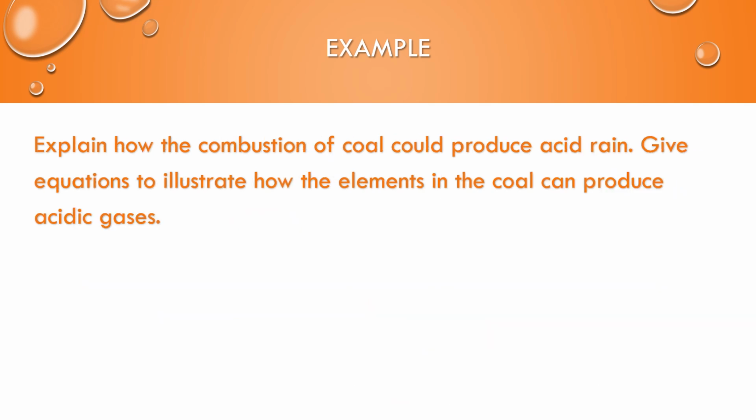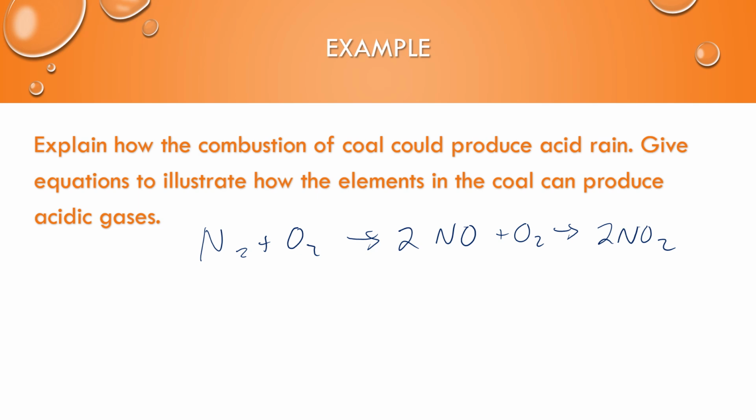So then it says, explain how the combustion of coal could produce acid rain. Give equations to illustrate how the elements in the coal can produce acidic gases. So the carbon itself could make carbonic acid, but that does not contribute very much. What's going to be more of an effect is the nitrogen and sulfur. The nitrogen could react with oxygen, a combustion reaction, to form nitrogen oxide. And then that nitrogen oxide could be further combusted to form NO2 gas.